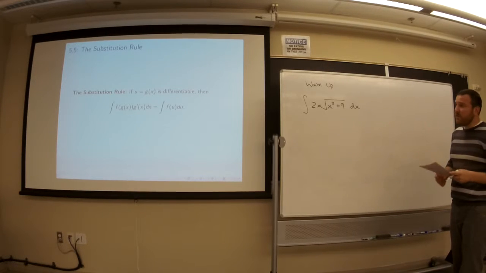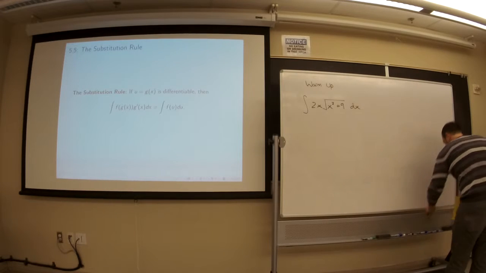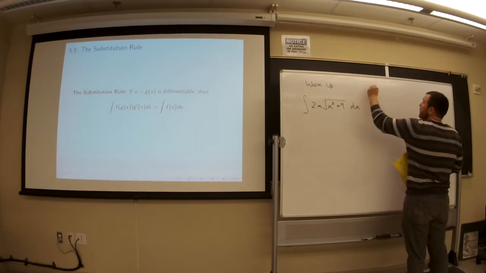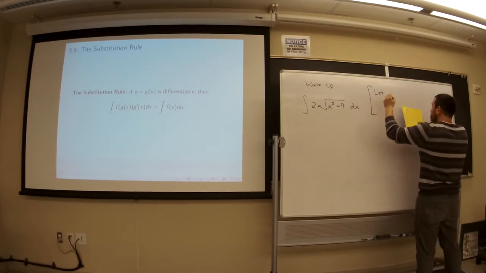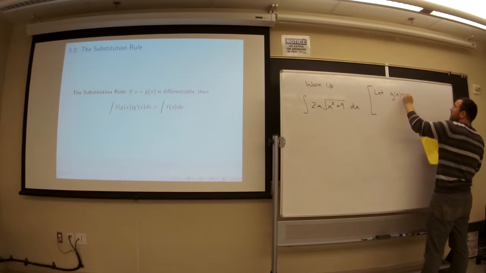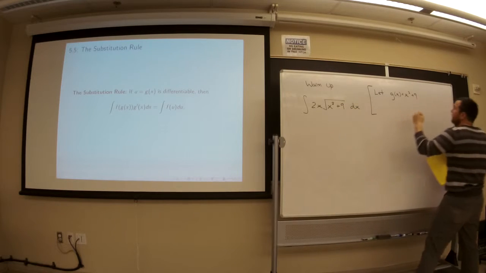And to match the notation that we have in the substitution rule, what we're going to do is let g of x equal x squared plus 9, that inside function in this composition.